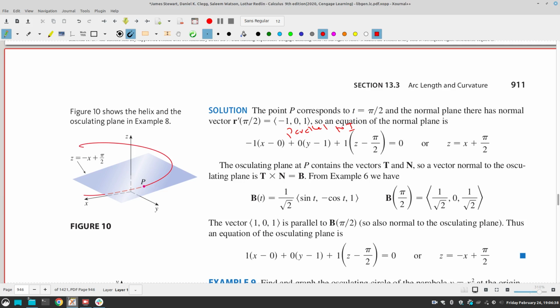Now the osculating plane of course contains t and n. So the vector v is perpendicular to the osculating plane, and v at pi over 2 is this.